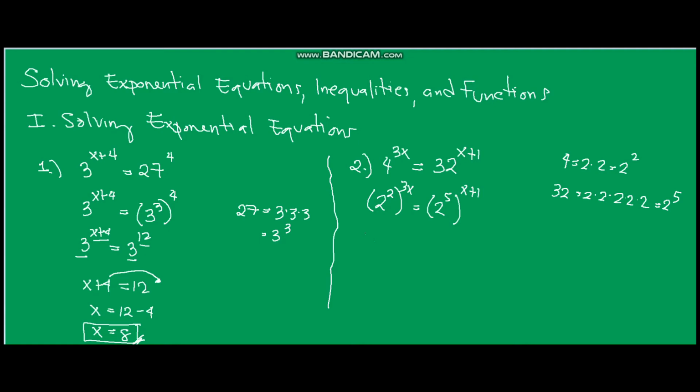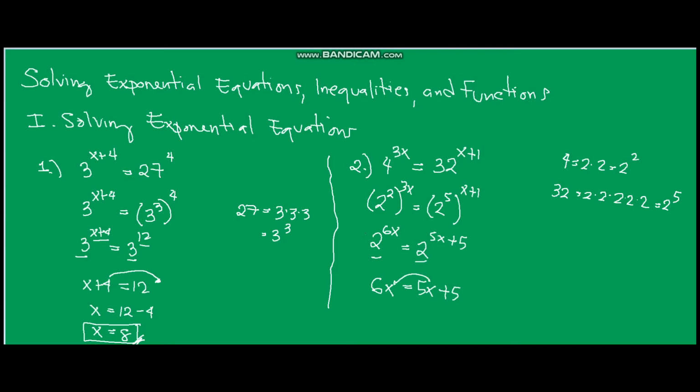Kung meron ka exponent sa loob, may exponent sa labas, multiply natin sila. So, meron tayo 2 times 3. So, it will become 2 raised to 6x. On this part, distribute natin yung 5 dun sa x plus 1. Kakaroon tayo ng 2 raised to 5x plus 5. And again, since parehas na yung ating dalawang base, we can say that our exponents are equal.